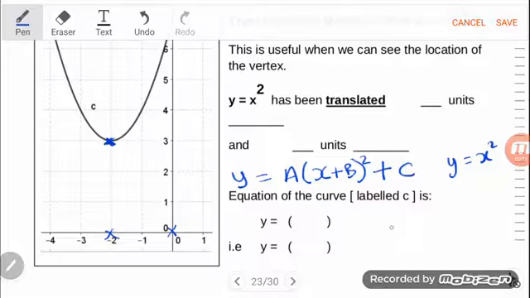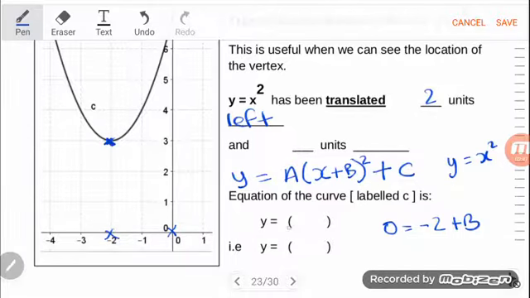So here, if we had 0 is equal to, our x from our graph we can see is -2 plus b. What does b have to equal to make the statement true? +2. Fantastic. So this is why we have to change the sign, okay? So it's been translated 2 units left, okay?